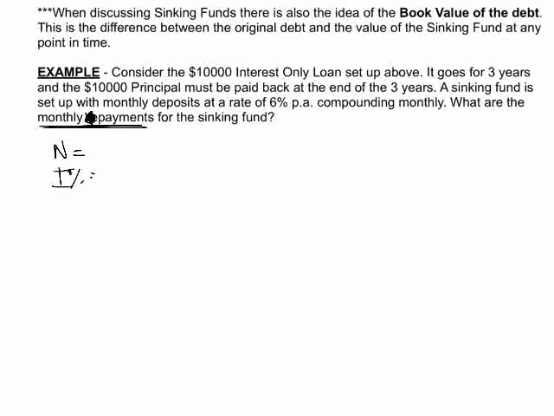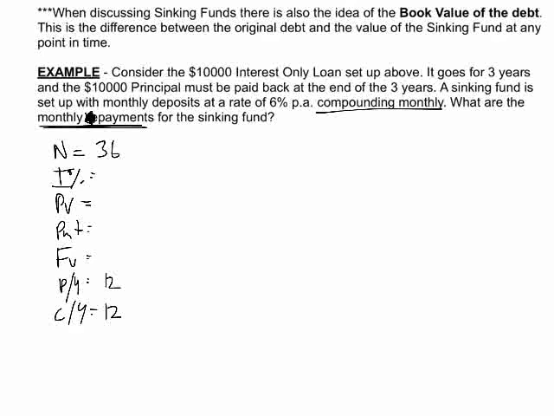So we'll set up the TVM: I%, PV, PMT, FV, PY, and CY. And just take note, for a future value annuity, you will use PMT as End on your calculator. Okay, so it's compounding monthly and you're making monthly payments, so PY and CY both are going to be 12. It's going for 3 years with those 12 payments per year, so N is going to be 36.